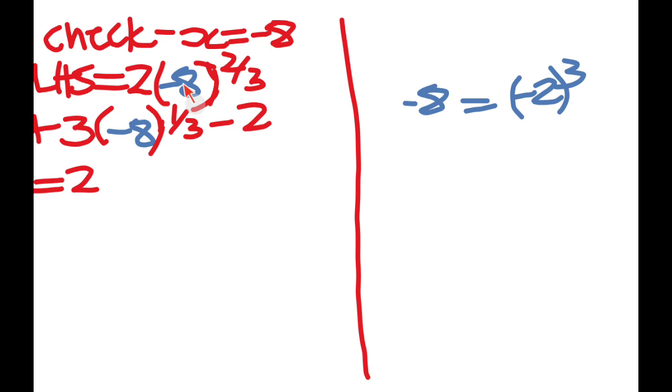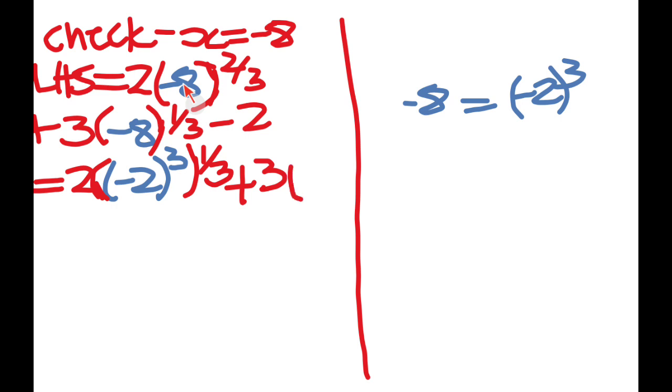So that becomes negative 8, negative 2 all to the power of 3, and that is raised to the power of 1 over 3, plus 3 with the same situation, negative 2 raised to the power of 3, again raised to the power of 1 over 3.